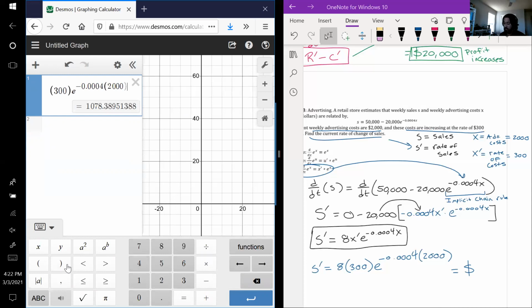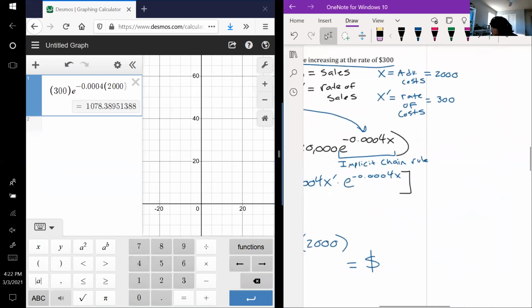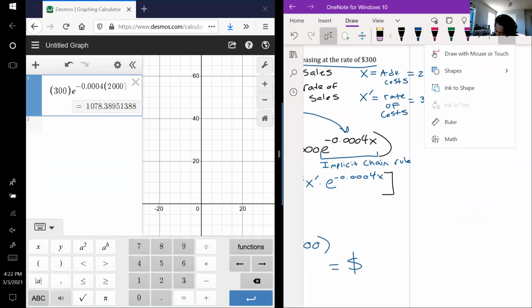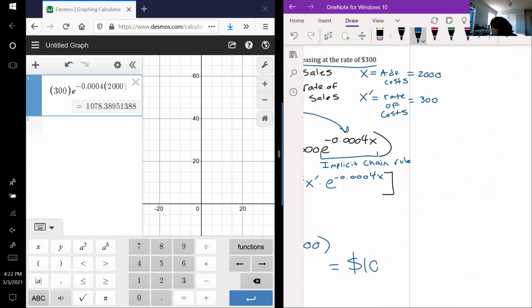There we go, and there's our answer. I get $1,078.39.